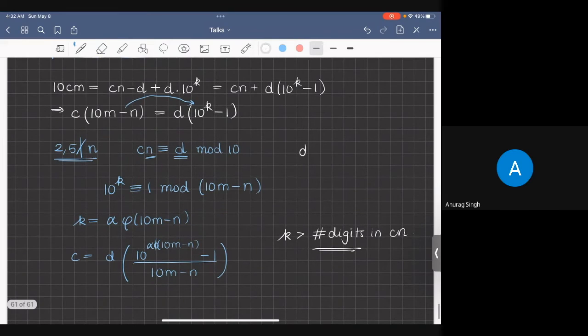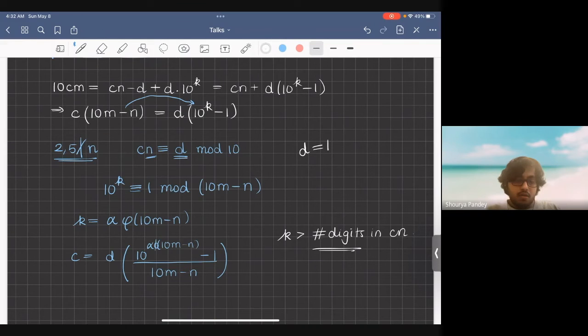Sorry to ask, but can you please explain when 2 and 5 do not divide n, and why 10m minus n divides 10 to the k minus 1? The point is that if 2 and 5 don't divide n, then I'm free to pick d.